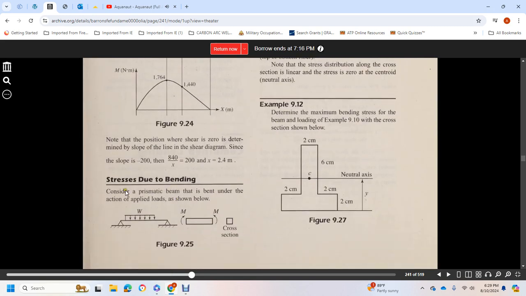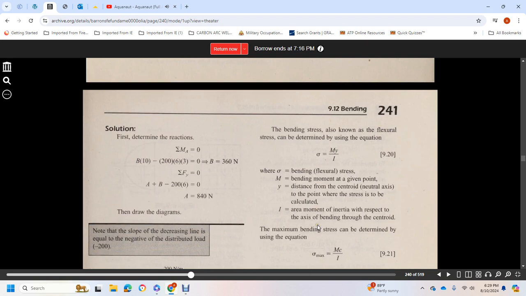Stress due to bending. Consider a prismatic beam bent under the action of an applied load as shown. The bending stress, also known as flexural stress, is determined by sigma equals M times y over I, where M is the bending moment at a given point, y is the distance from the centroid and neutral axis to the point where the stress is to be calculated, and I is the moment of inertia about the axis of bending through the centroid.